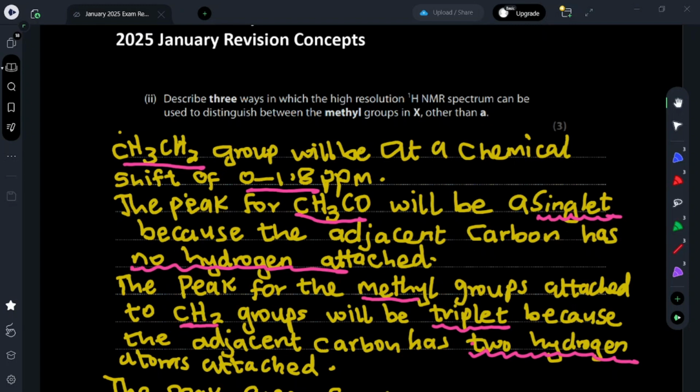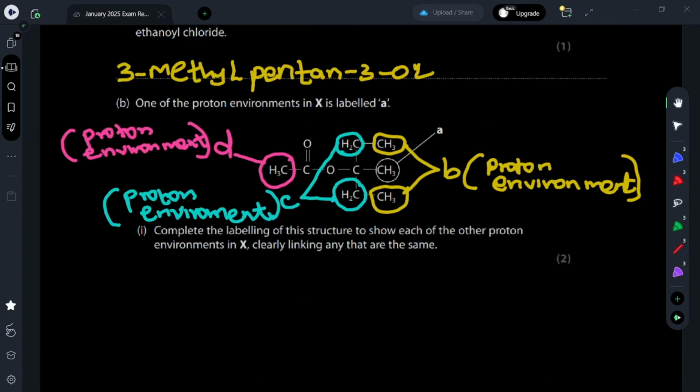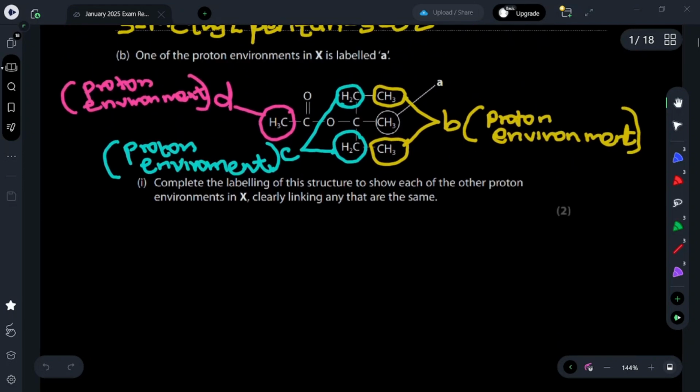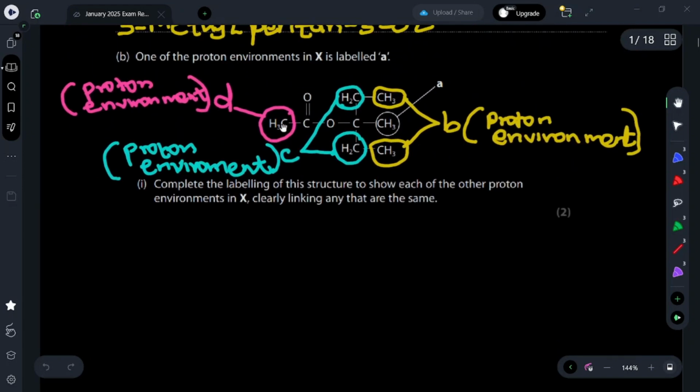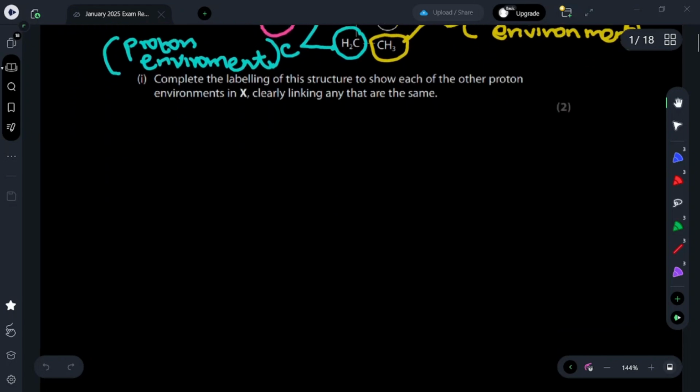And that is for this CH3-CH2 group, CH3 bonded to CH2. It's on an alkane chain. That's why it is on a lower value of the parts per million chemical shift, which is different from the CH3 bonded to the carbonyl group.